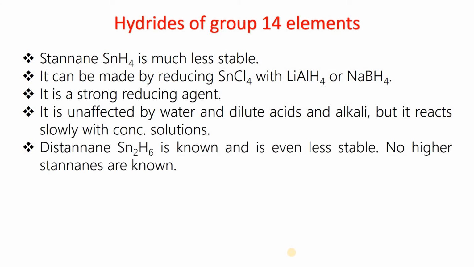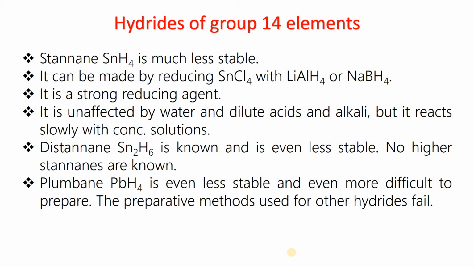Distannane, Sn2H6, is known and it is even less stable than the germanium and silicon analogs. No higher stannanes are known. So in case of tin, the value of n is 2 or 3 maximum. In carbon it is hundreds, in silicon it is up to 8, in germanium up to 5, and in tin it is even less, up to 2.